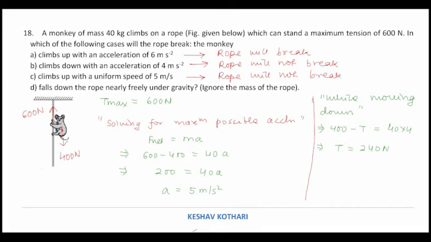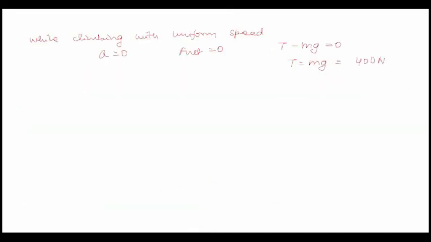Now in the next case, the monkey falls down the rope freely under gravity. When the monkey falls freely under gravity, its acceleration will be equal to g in the downward direction.